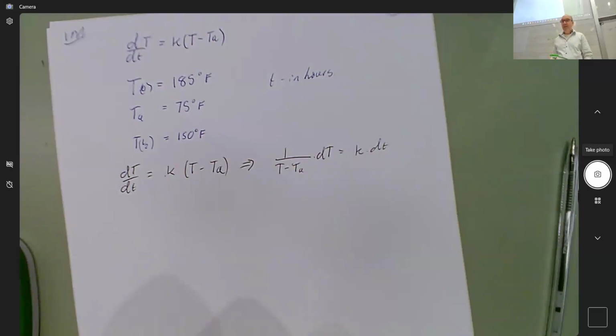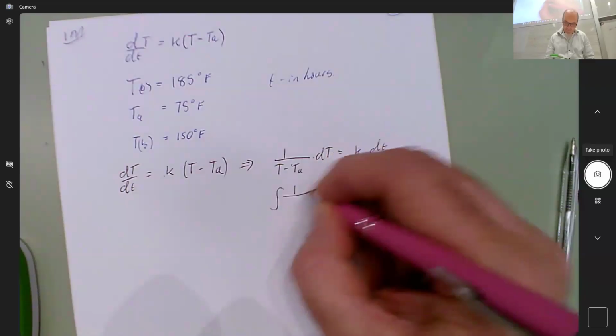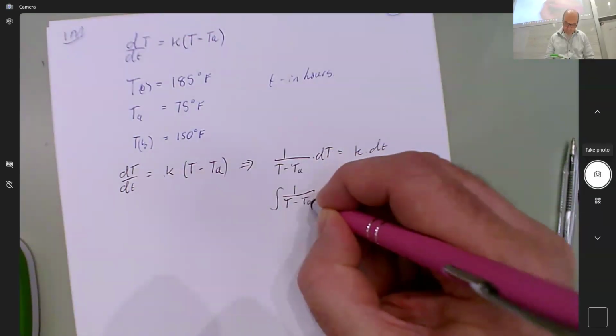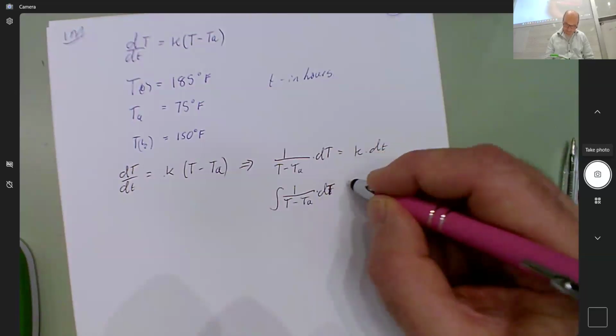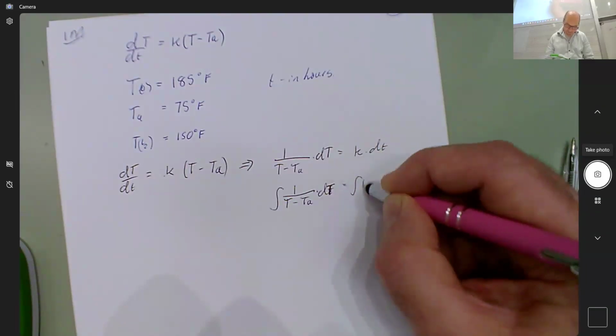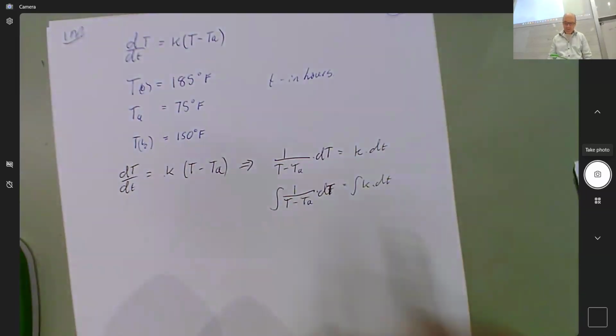And then I can integrate both sides. Make sure I use the right t's.